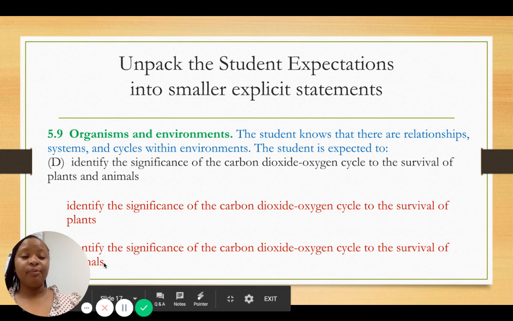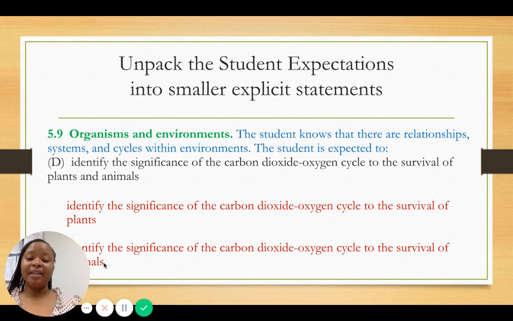But if I do that, once again, I am not teaching my entire TEKS. And therefore, when the test comes and they're asking questions about plants, my students may not be successful. I did all that work, and the students did all that work, but they still come out not successful because I didn't address each component of the TEKS.